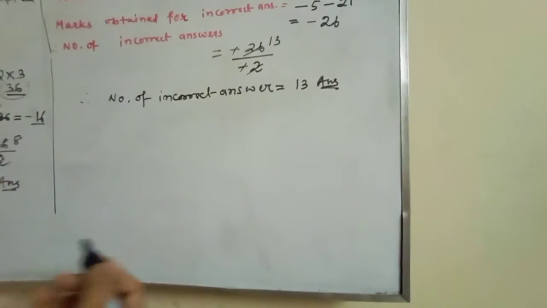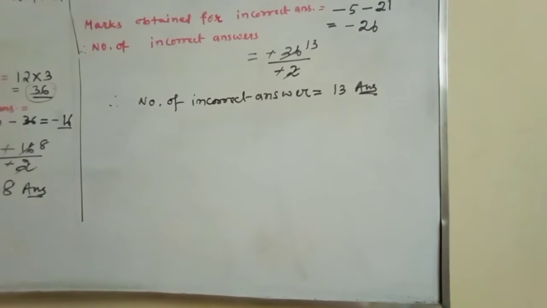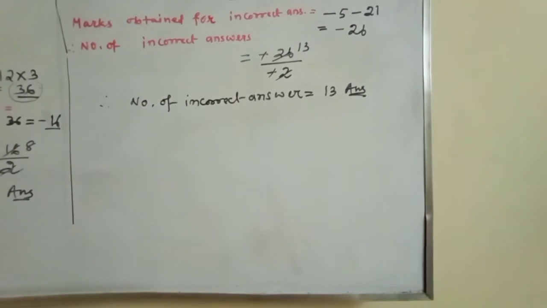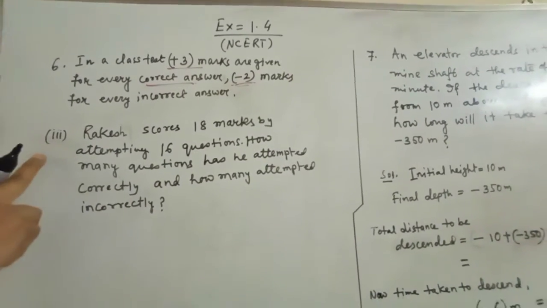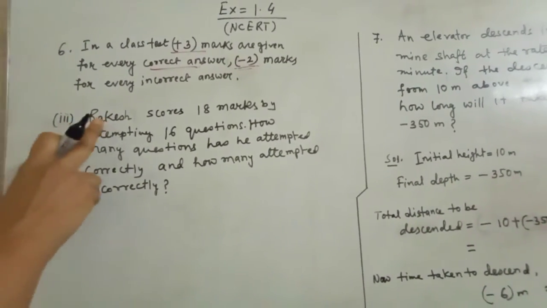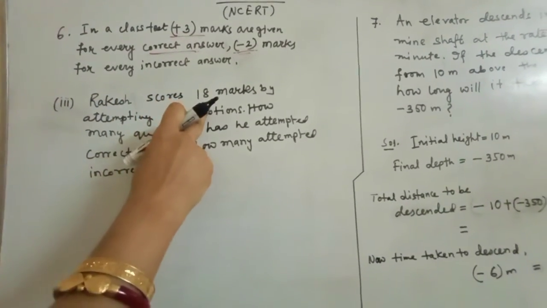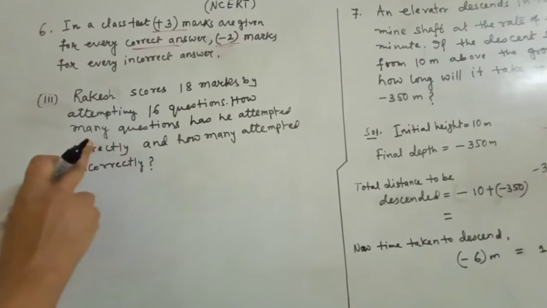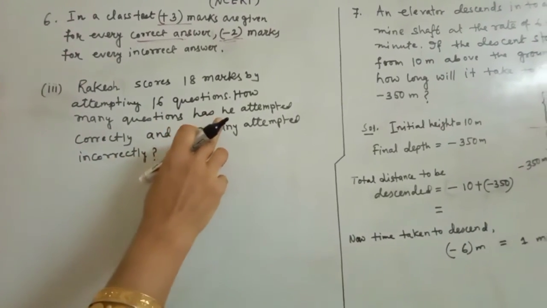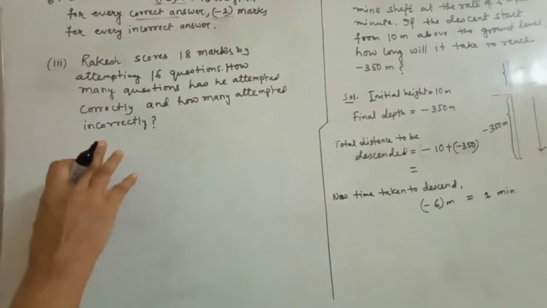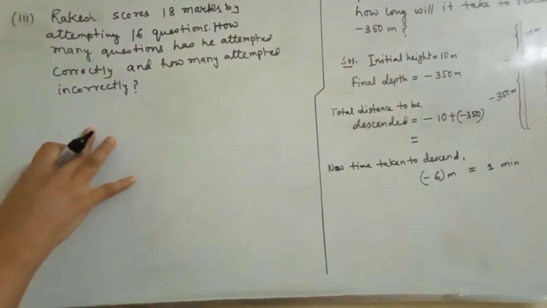Come to the next question of this same question number 6, the third part. Rakesh scores 18 marks by attempting 16 questions. How many questions has he attempted correctly, and how many has he attempted incorrectly?